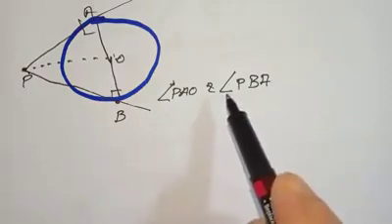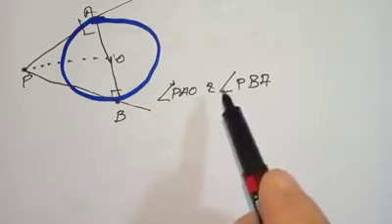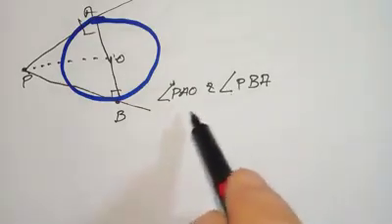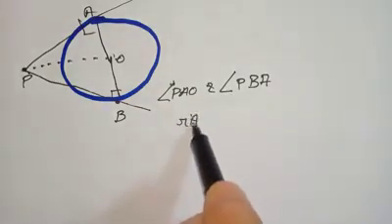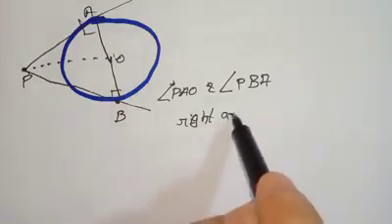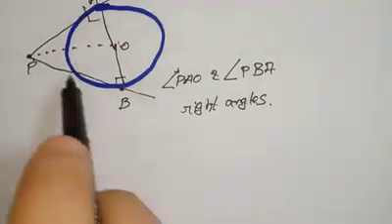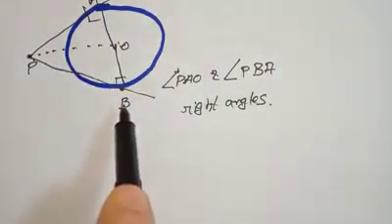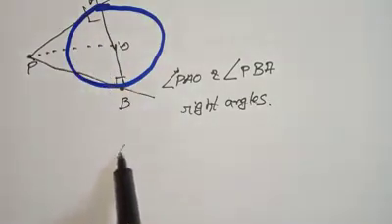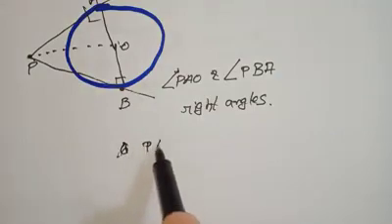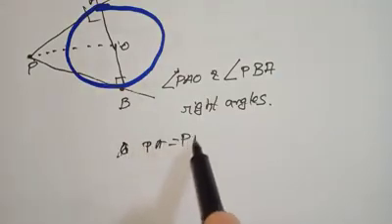Now the tangent lengths PA and PB are equal. So we can write PA equals PB.